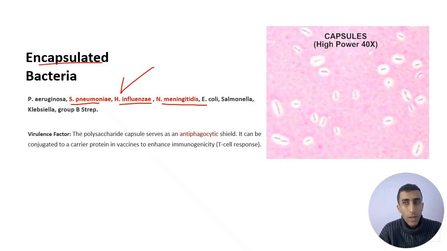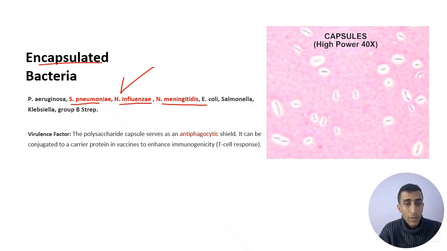So these people get the vaccine for Strep pneumoniae, Haemophilus influenzae, and Neisseria meningitidis because these are encapsulated bacteria and they are opsonized, and the phagocytosis happens through macrophages which are present in the spleen. So if we miss the spleen, we are endangered by these organisms.